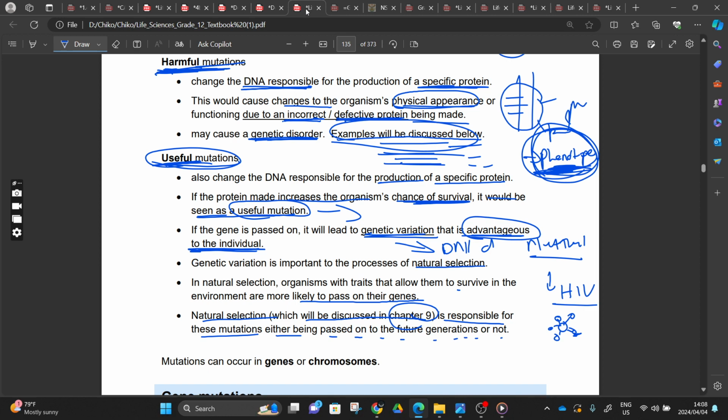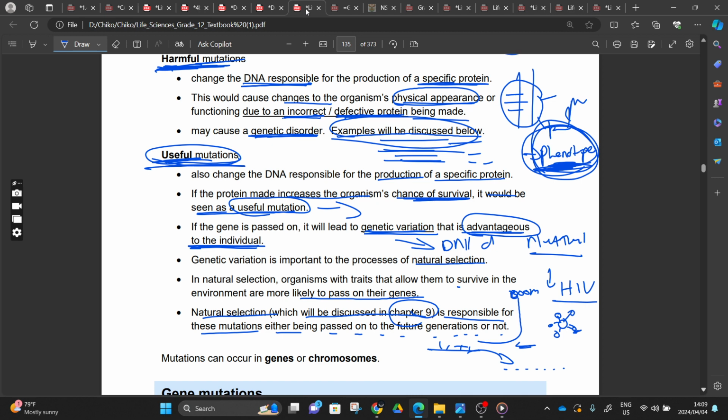I also use the example of insects, cockroaches, that when sprayed with Doom over and over again, start to develop a resistance gene in their genetic makeup. They start to have a gene that produces a protein so that when Doom is sprayed on them, they can survive. Then that protein can be passed to the next cockroaches, and you find that the new generation of cockroaches, no matter how much Doom you spray on them, are not affected. That is a type of useful mutation.